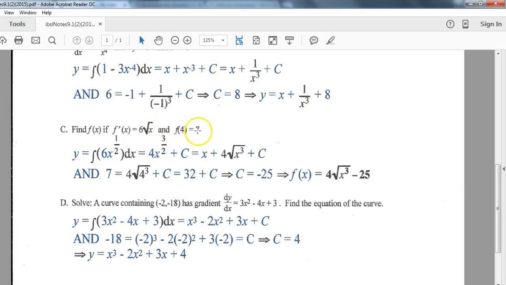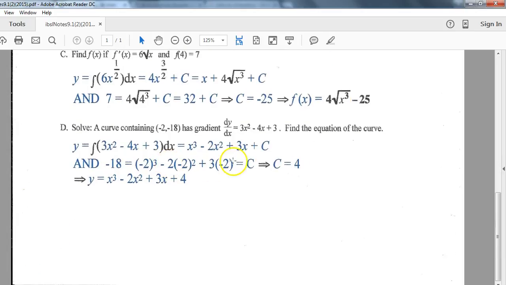Just another different look at the notation here, but this is saying if I were to plug in a 4 for x, the result would be 7. So this is just another way of them telling you that when x is 4, y is 7. And now we're going to be able to sub those in towards the end here and solve for c. If you go through that process, just follow along. Just like we did in the first few examples, this would be the ending look that we could come out with.